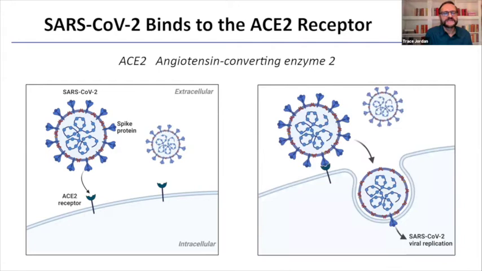Once that binding has happened, the envelope of the virus is able to merge with the membrane of the infected cell and inject the genetic material into the cell. And so that is the first stage of viral replication.